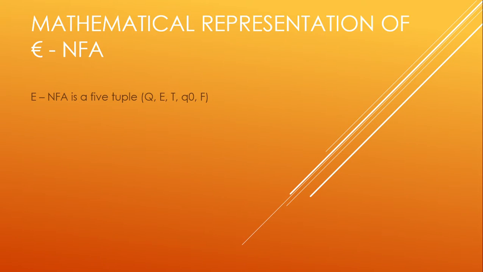So there is a mathematical representation of epsilon NFA. An epsilon NFA is a 5-tuple: Q, Sigma, delta, Q naught and F. Delta is nothing but the transition function. Q is a non-empty finite set of states, the states present in the NFA.